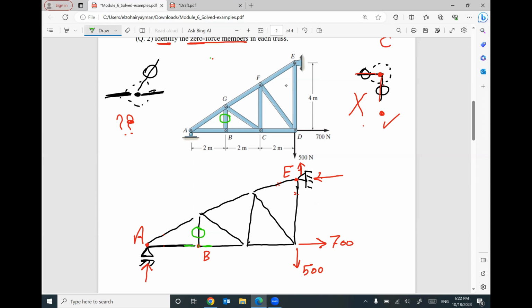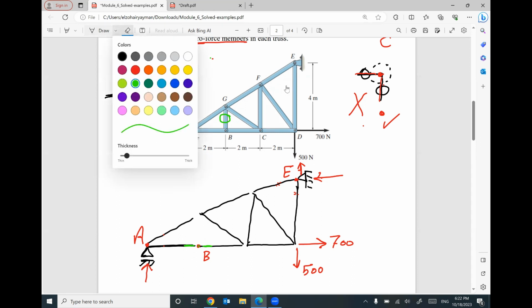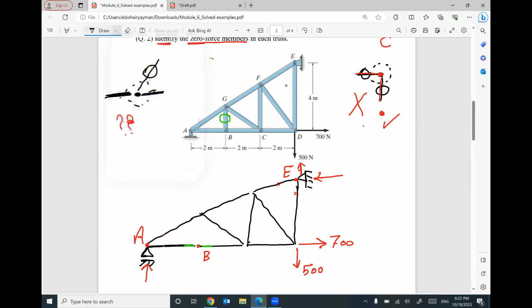I'm not asking you to clarify or to explain why this member is zero. This is for yourself. But keep in mind, if a member is zero force, I can delete it. I can delete this member.